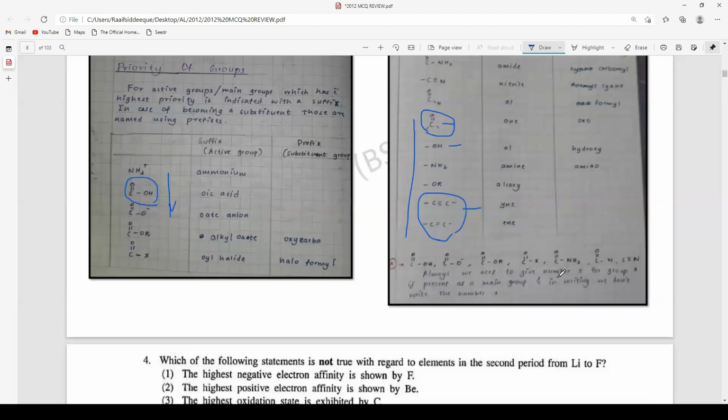These are the set of groups that you should always give number 1: the oic acid, its anion, in the ester you separately name the alkyl part and the carboxylic part, then acyl halides, then amides, aldehydes, and cyanides. All these you have to give number 1, if you have a group in the priority range.